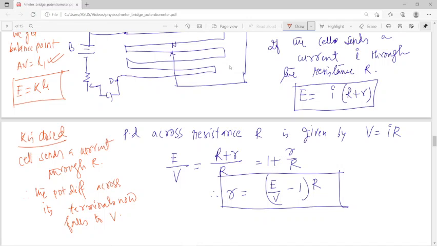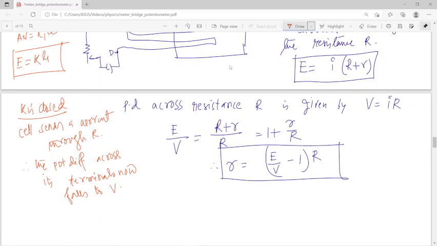And of course we will get another balance point, so V is equal to K of L2. So E is equal to K of L1 and V is equal to K of L2. So if we write E by V, we will get L1 by L2.